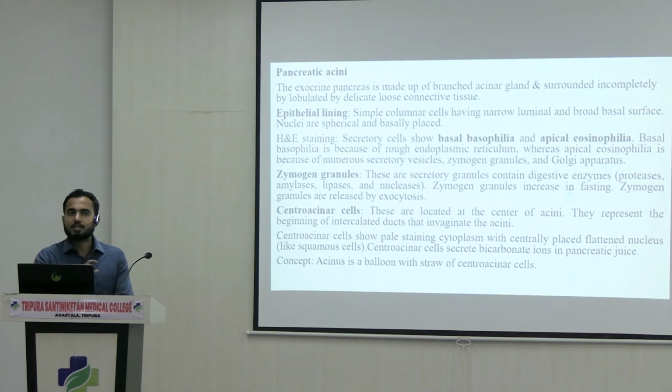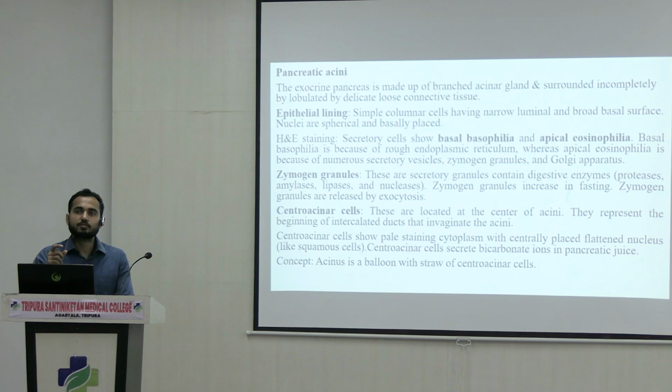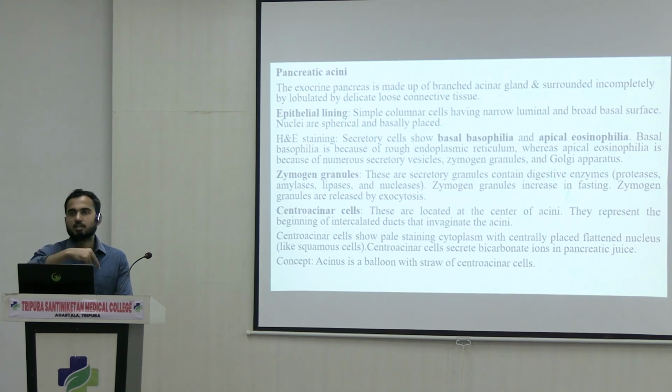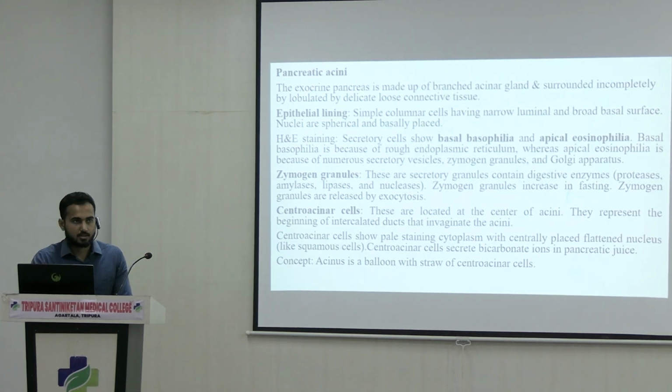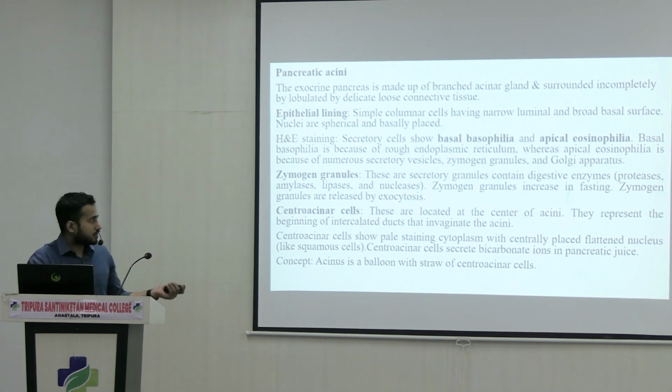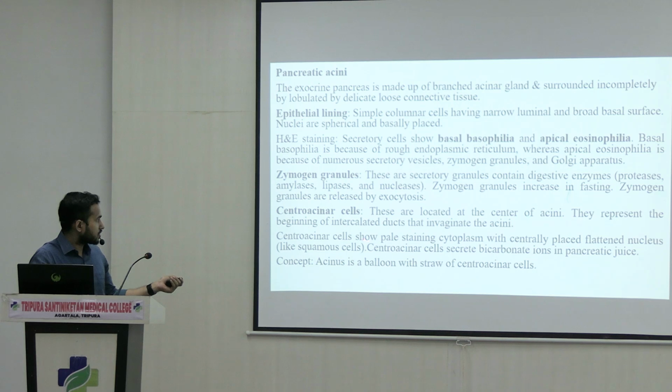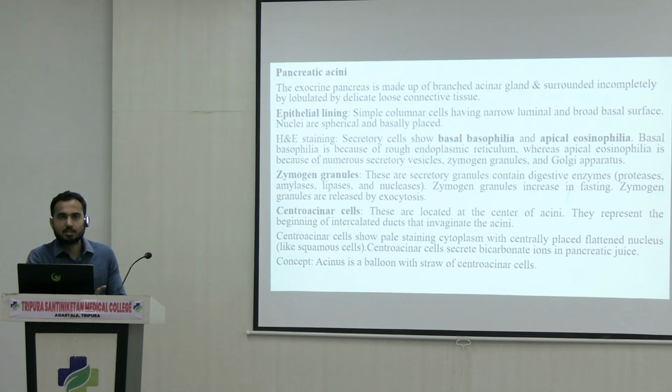Why? Because these are not acinar cells; these are cells of the duct, which is invaginated into the acini. The centroacinar cell shows pale staining cytoplasm with a centrally placed flattened nucleus, and it secretes bicarbonate ion into the pancreatic juice. This is the function of the centroacinar cell.